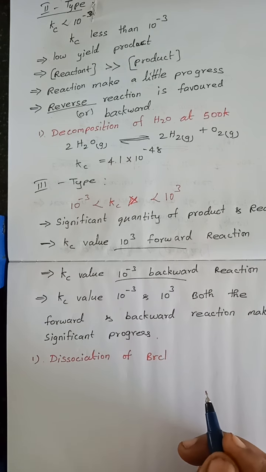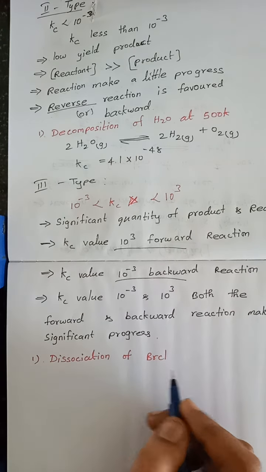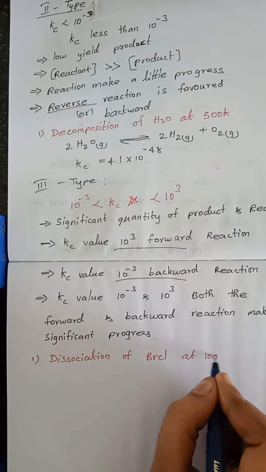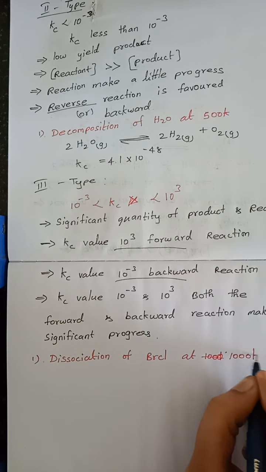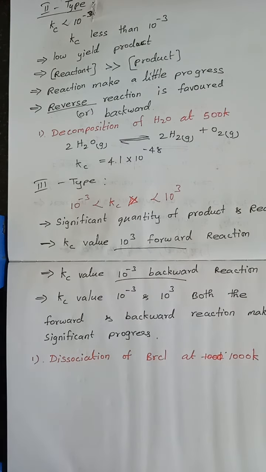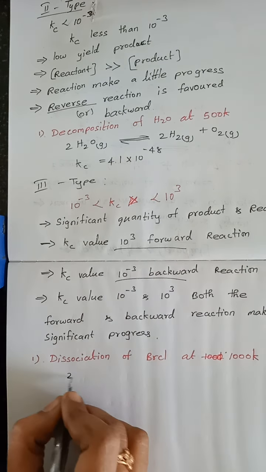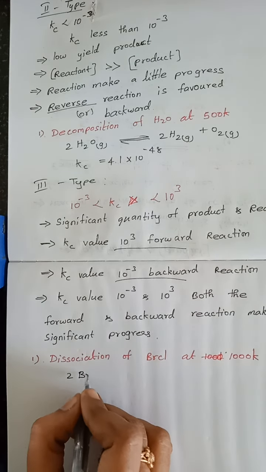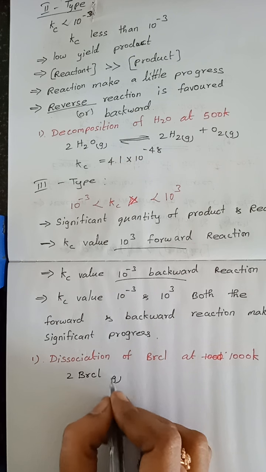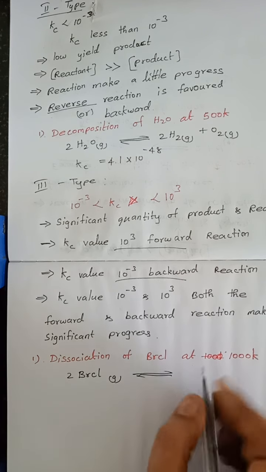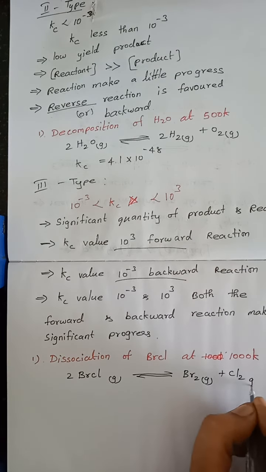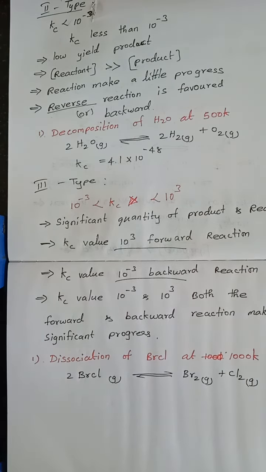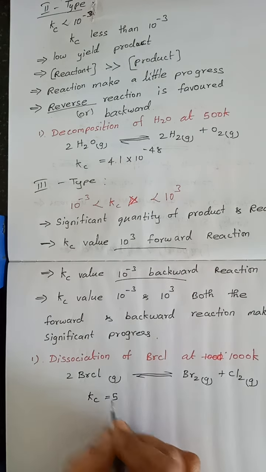So BrCl, bromine monochloride at 1000 Kelvin. In this reaction, 2 moles of bromine monochloride gas undergo a reversible reaction to form bromine gas plus Cl2 gas. So the Kc value is 5.